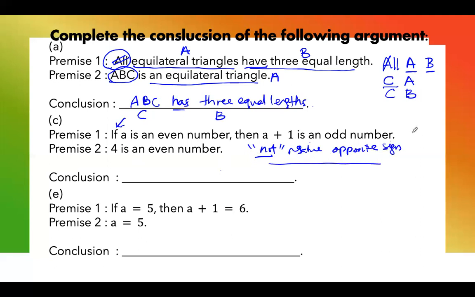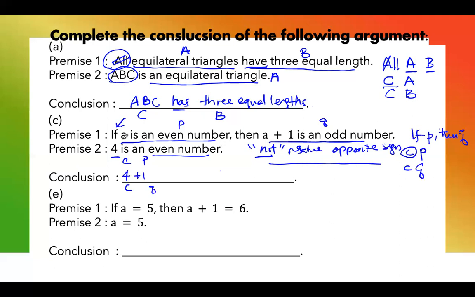So that means this is using if P, then Q. Okay, so P is true, Q is true, or C is P, C is Q. So here, C can be specific. So you can see if this is P, this is Q, right? So 4 is an even number, C is P, C is Q. So what is C? 4 plus 1. A is 4. Then A plus 1 is C, is an odd number. That is your answer. Okay.